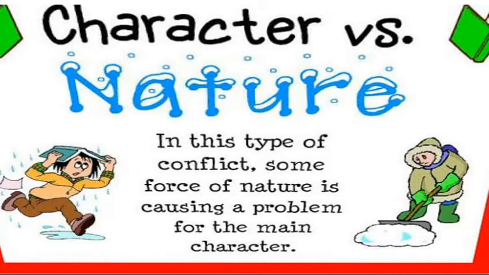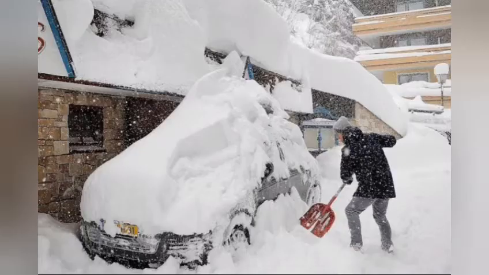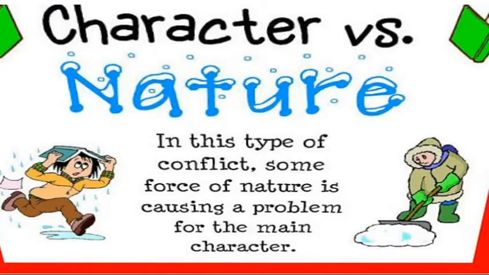Now, when Ada had joined her husband in London, they talked about a very cold winter, that people could not go out of their rooms due to the severity of the winter. What kind of conflict is that?